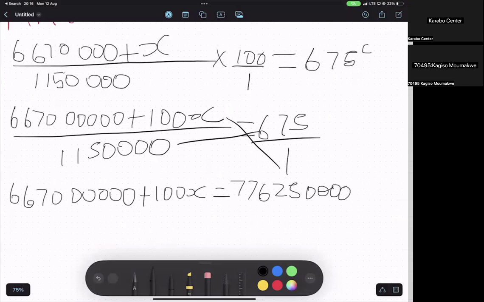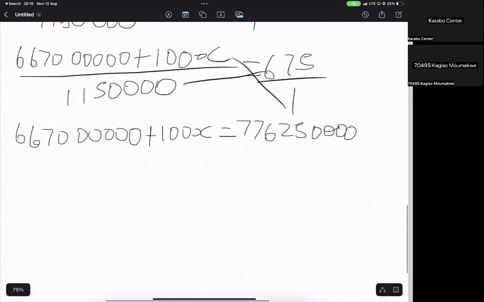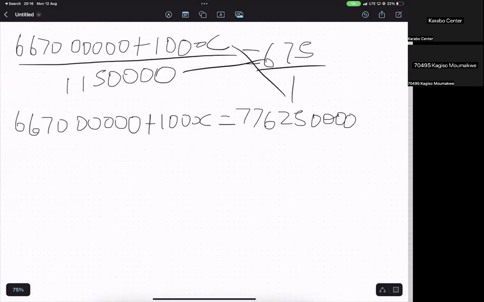So you can see, as I already told you, that you're going to get huge values. Don't worry. The values are going to go back to the normal values that you are used to, back to millions.